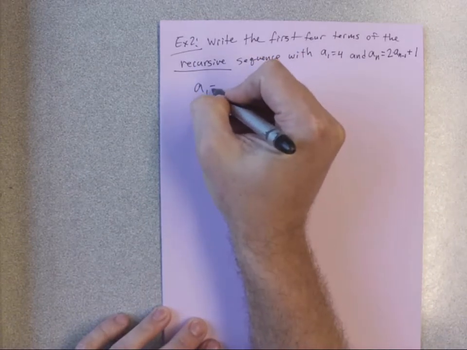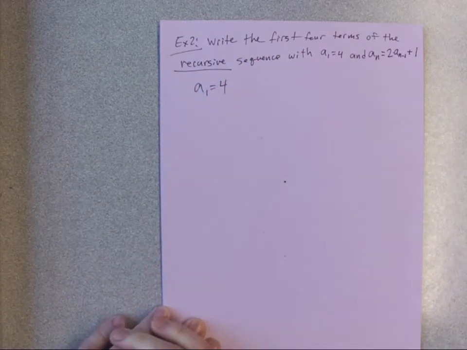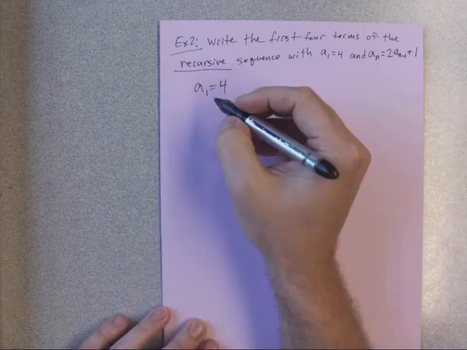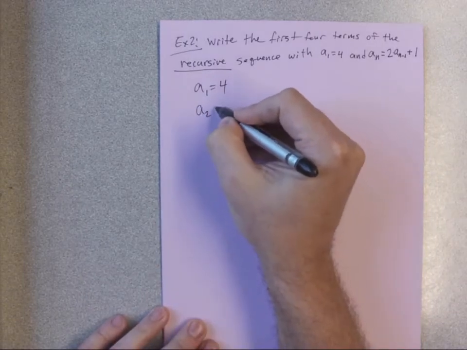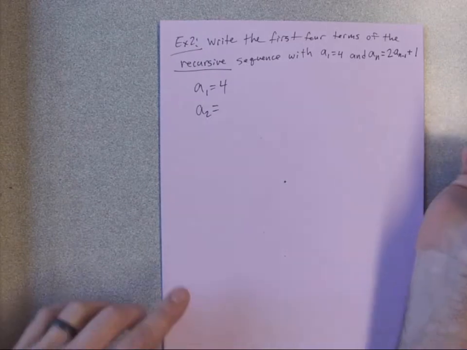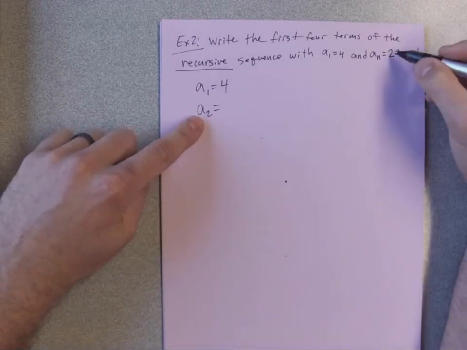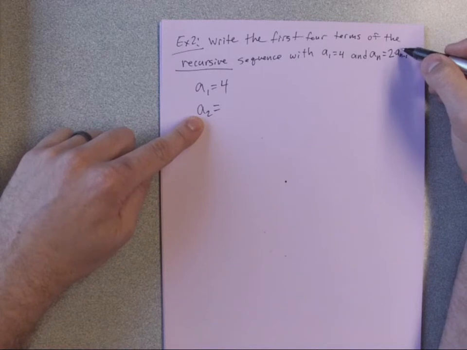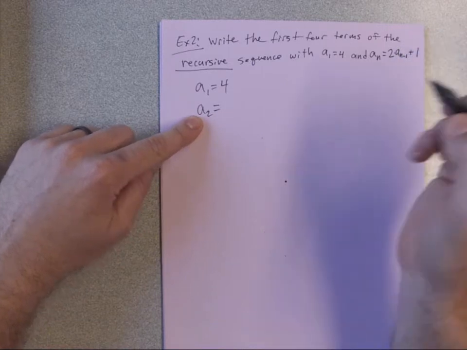So A1, that's easy, that's 4. I encourage you to pause and try this, and then come back and see how I'm doing. A2, so that means we're taking 2 and plugging it in here for n. So that means 2 times A sub 2 minus 1, and then a big plus 1 on the outside.